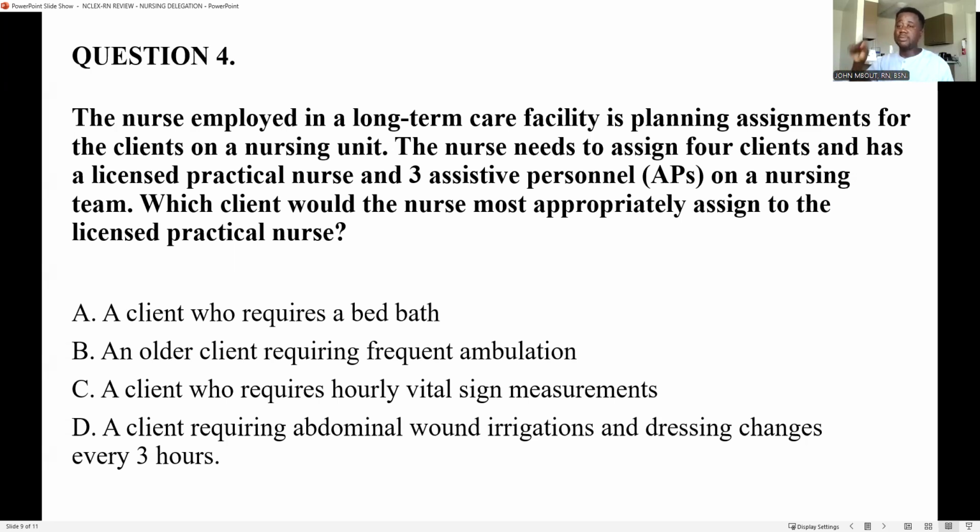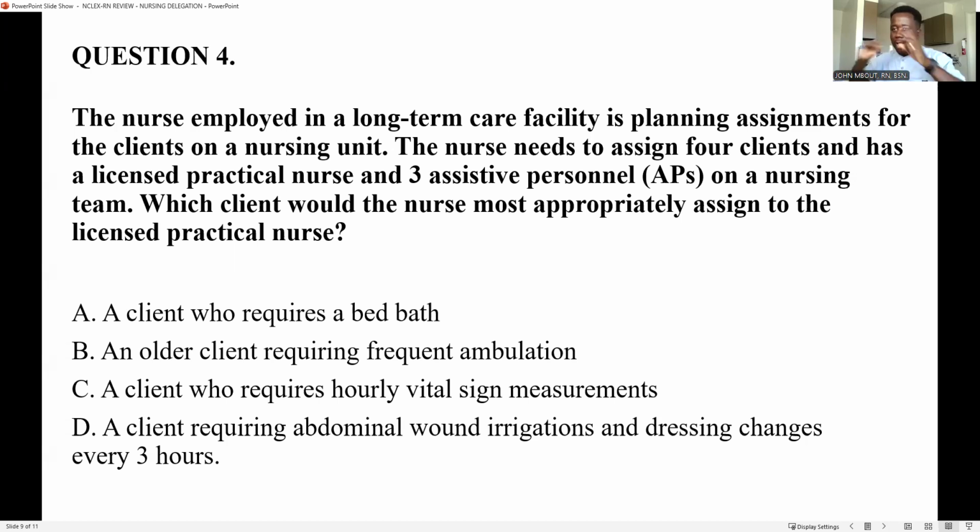Now, I want you to know something in this question. You might have a question where the registered nurse has just the LPN. In that case, the least possible option that you see should be assigned to the LPN. Let's say in this question, there was just the LPN.